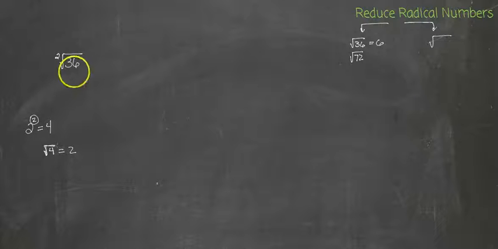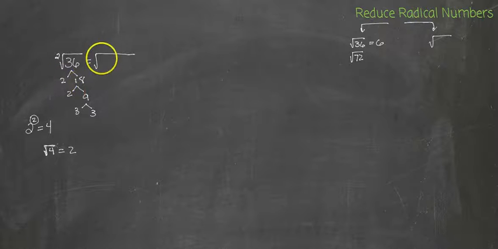So let's look. If I take 36 and factor it, hockey stick method, divide 36 by 2, I get 18. Divide 18 by 2, I get 9. Divide 9 by 3 and I get 3. So the product of primes is 2 times 2 times 3 times 3, and you should be pretty good at this by now.